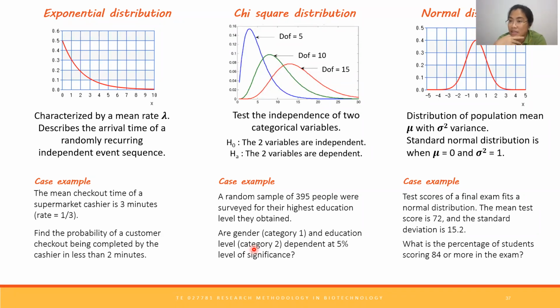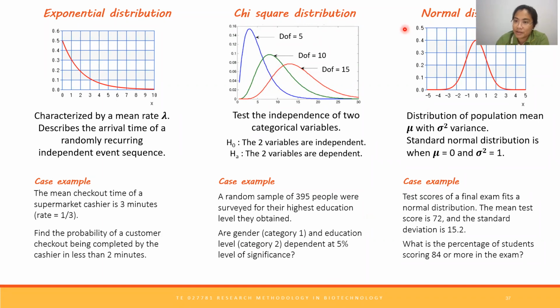So we use the chi-square distribution, because it's not an individual sample, it's a categorical variable. And it's being tested at a certain percentage significance level. The significance level is what we are going to talk about next too.